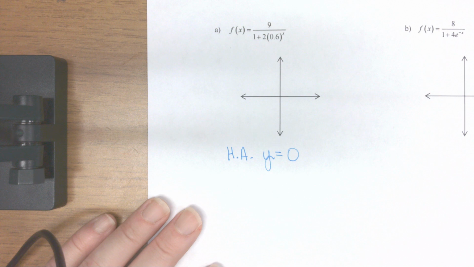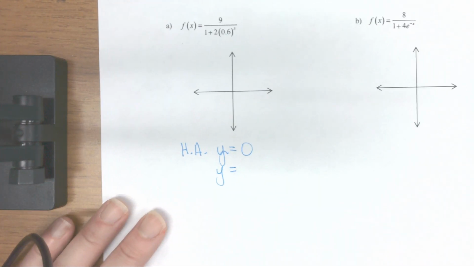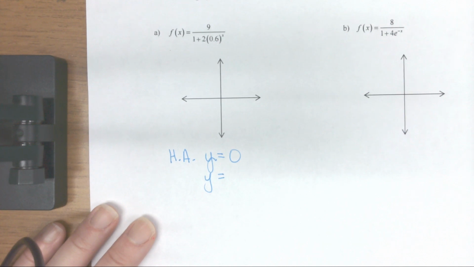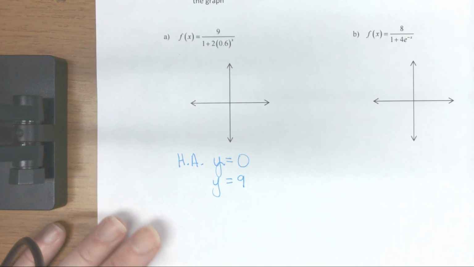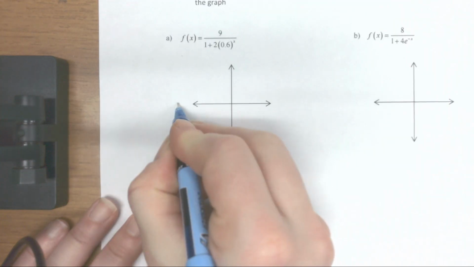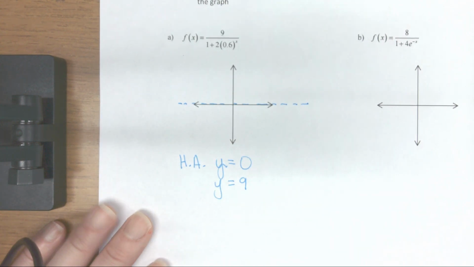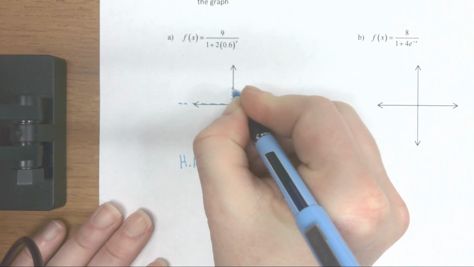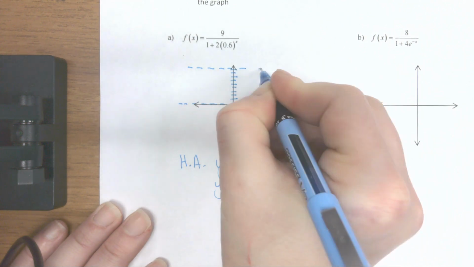The other horizontal asymptote is the limit to growth. In letter A, where do I find that? Right on the top. So we're going to make sure the graph stays in between y equals 0 and y equals 9.